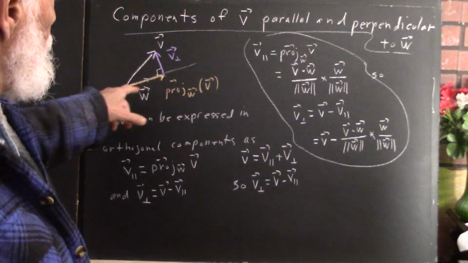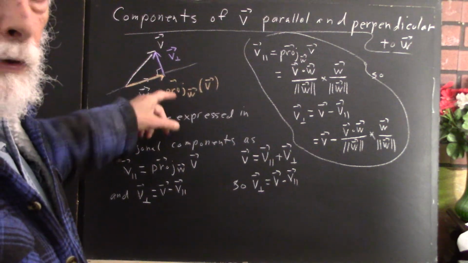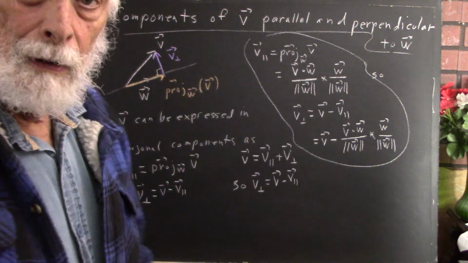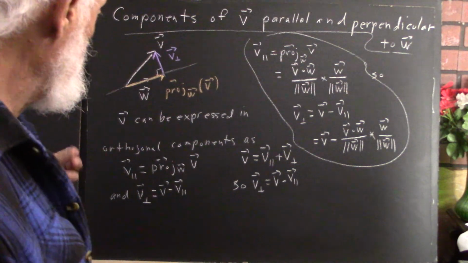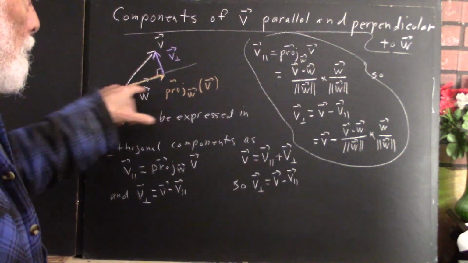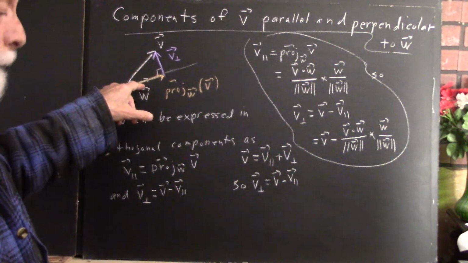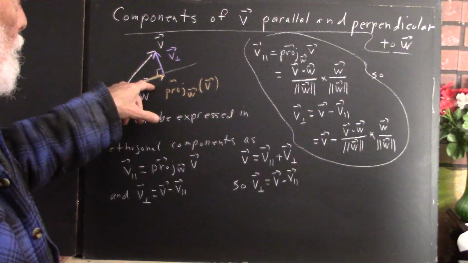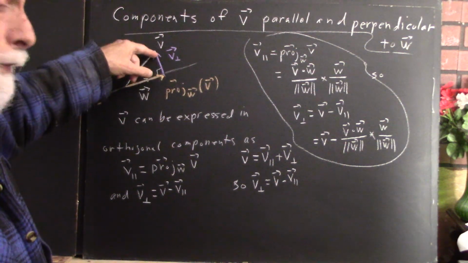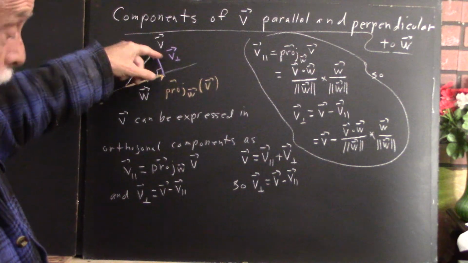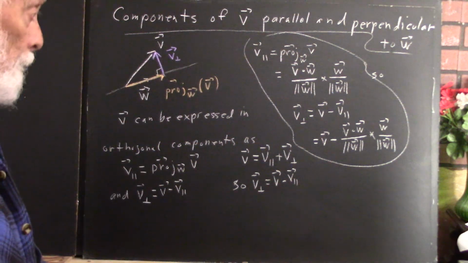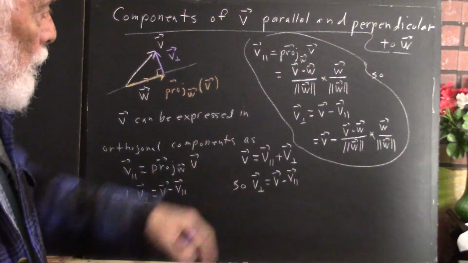We know we have a formula if we need to use one, or at least a mathematical expression that we can write down with understanding, we hope, to calculate this thing. And if we subtract this thing from V, we get this thing. Okay? There's the picture. There's the idea.